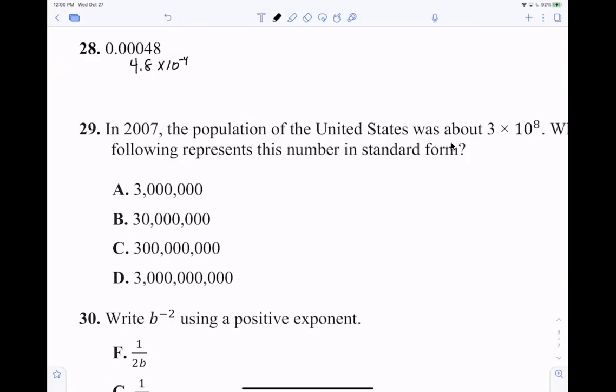I'm pulling the right answer. It is C. Anybody have any issues with it being C? It's a 3 with 8 zeros.